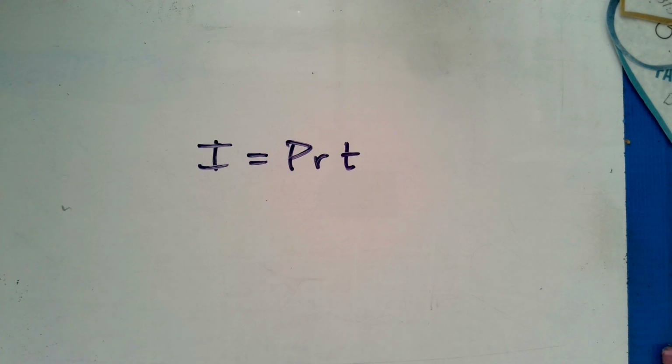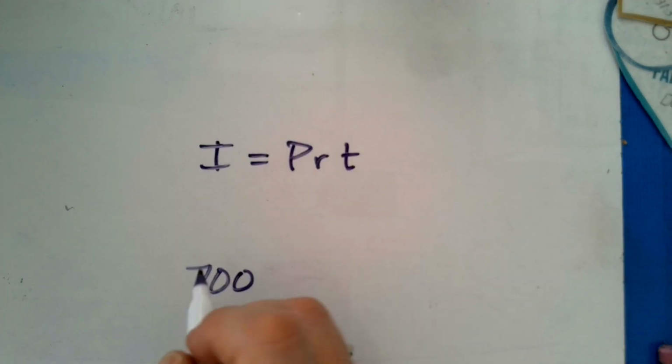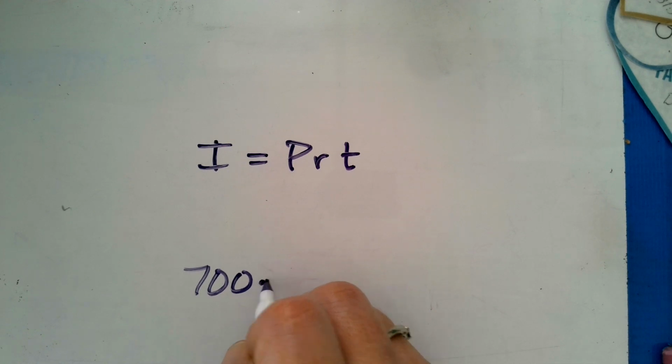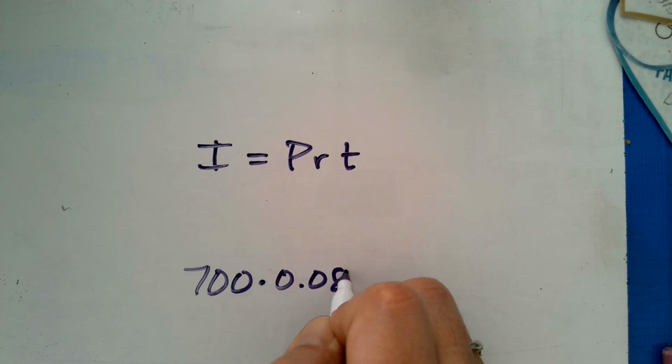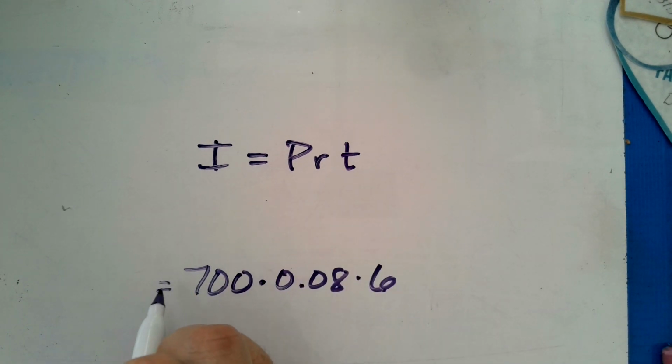So if you are finding the interest earned, let's say you start with $700. That's your principal. You earn 8% for 6 years. So you can calculate your simple interest, and then part B is find the balance of the account.